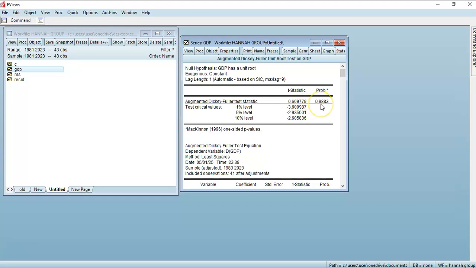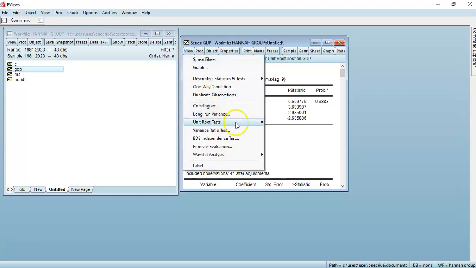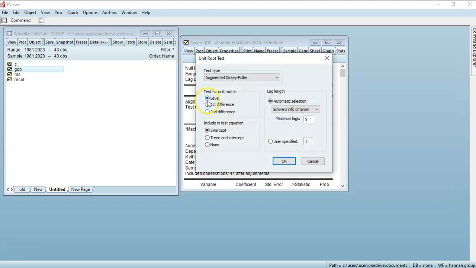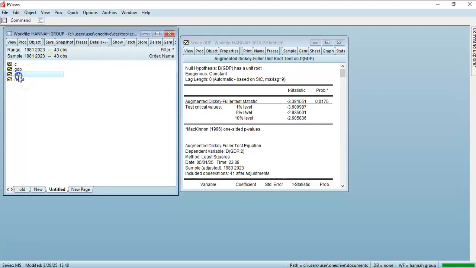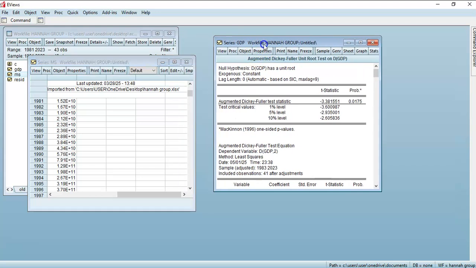At level, the GDP probability value is 0.9883. Now check the first difference. At first difference we have a probability value of 0.0175. So GDP is stationary at first difference.